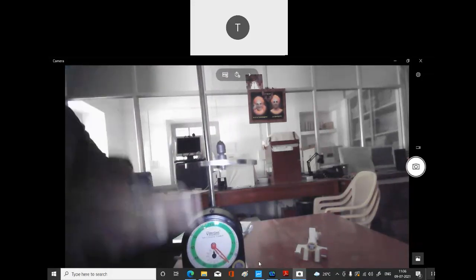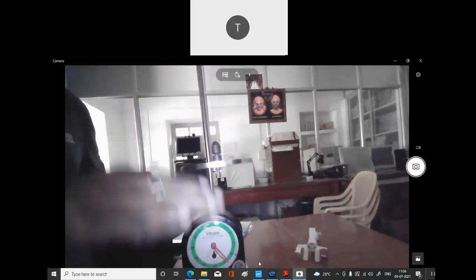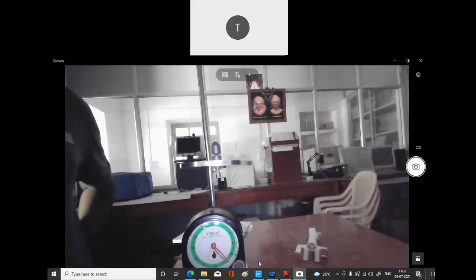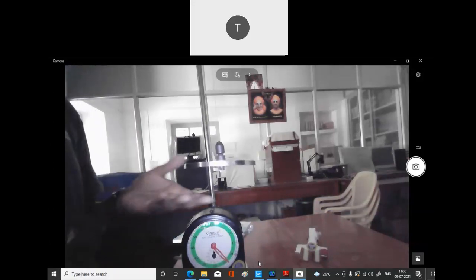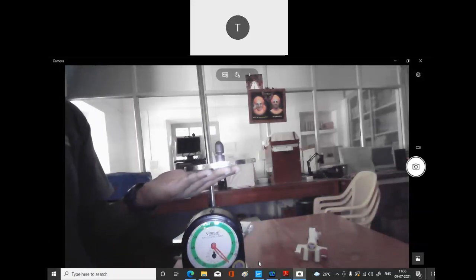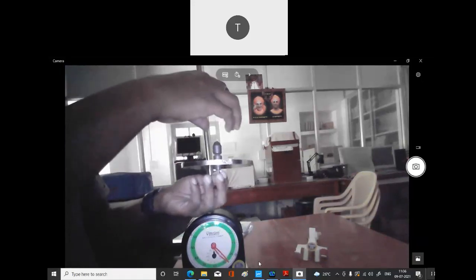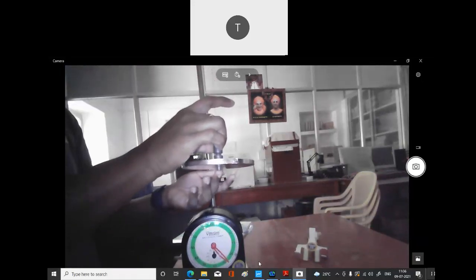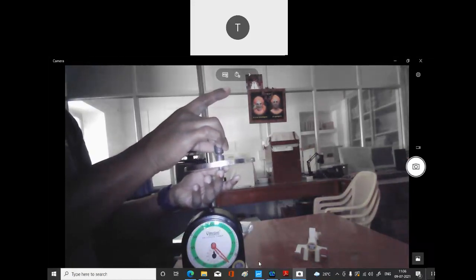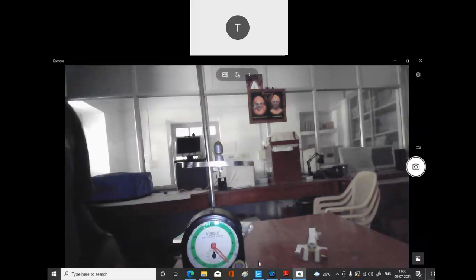You can see this is also jumping like that. Your circular plate is jumping, so it is not a good oscillation. If you want a good oscillation, it should be very smooth. So I will try to do it the smoother way. I'm holding the bottom one, then I'm going to twist it and slowly leave it.